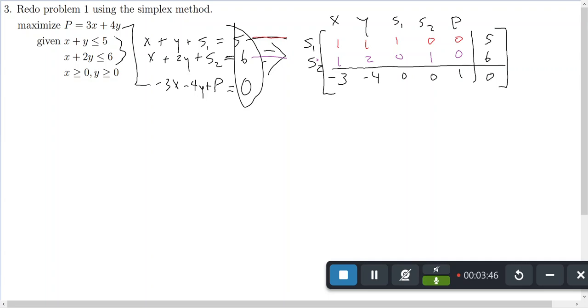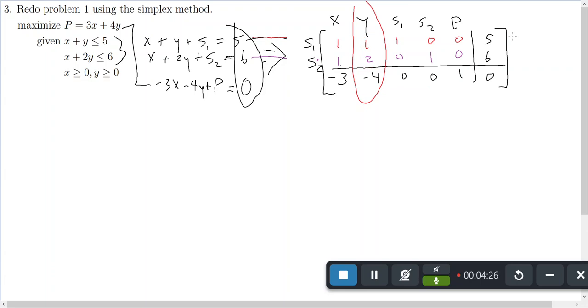Well, to identify the pivot column, we note that -4 is the most negative in the bottom row. So we look at all the elements in the bottom row and we decide which one is the most negative. That's -4. So that means that the Y column is the pivot column. Then how do we determine the pivot row? Well, we take the numbers in the last column, not including the 0, just the 5 and the 6, and we divide them by the numbers in the pivot column, and we see which ratio is the smallest.